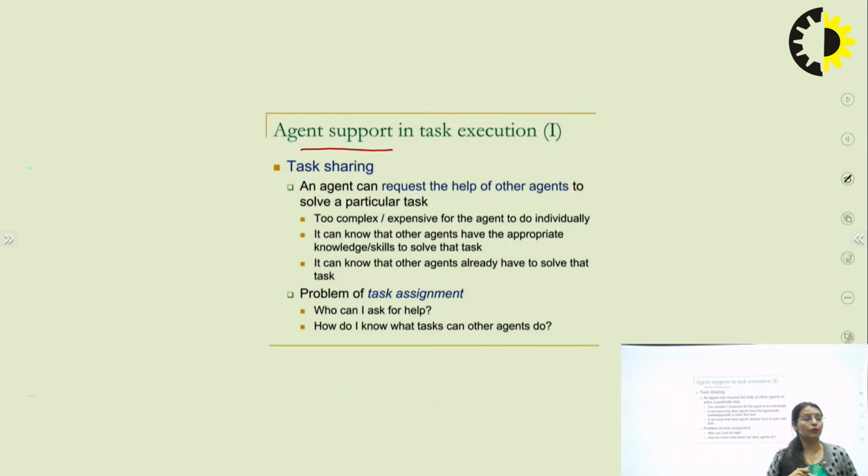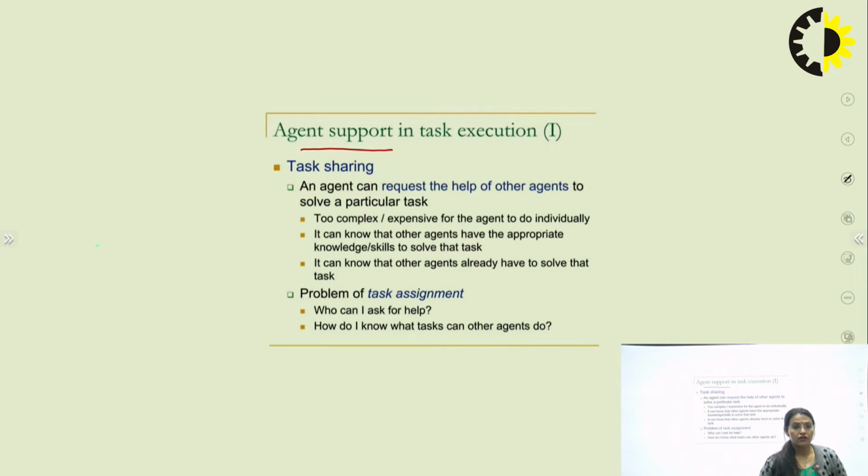How are the agents supporting each other? First, they need to share the task. For sharing this task, the agent coordinator asks the other agents to solve their problems. This might be because a single task, if the coordinator provides it to an individual agent, will be too complex or expensive for that agent to do individually.